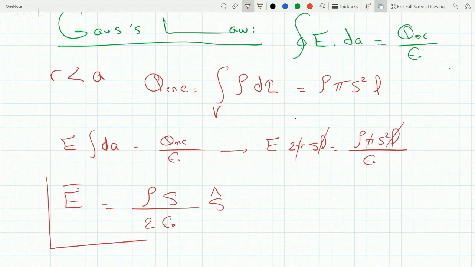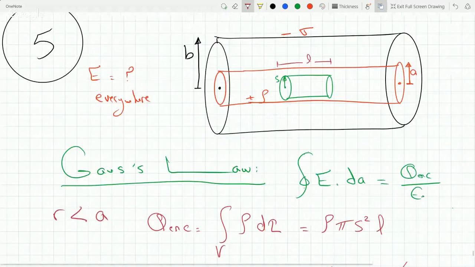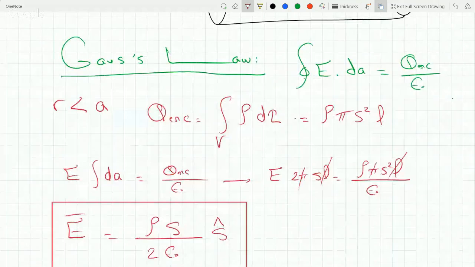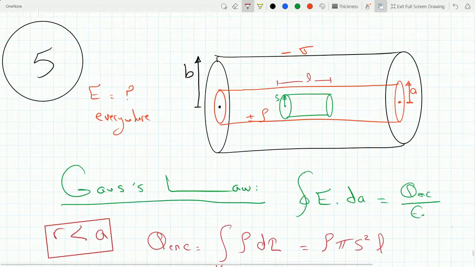Okay, so that's inside the internal cylinder, for the case S less than A. Now let's go in between the two cylinders.